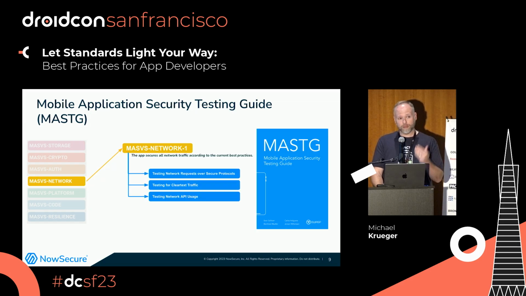However, the MASTG breaks that general requirement, that the app secures all network traffic according to current best practices, and separates it out into individual testing criteria. So now not only do you know that, yes, my app should secure all network traffic, but now you know exactly how you would be tested against that.